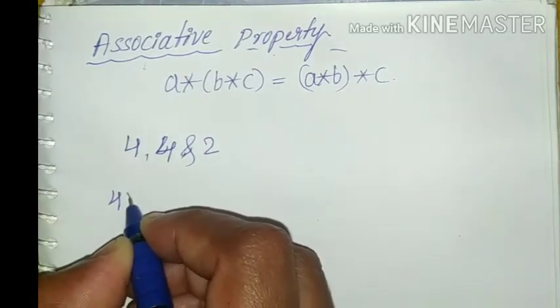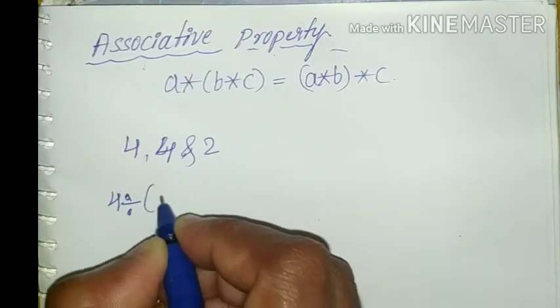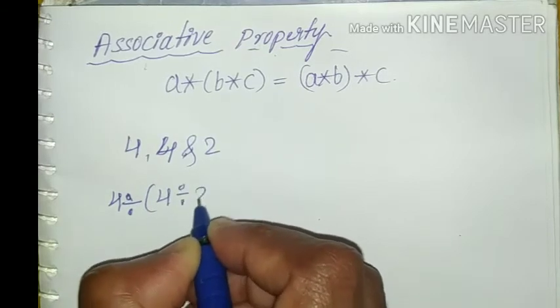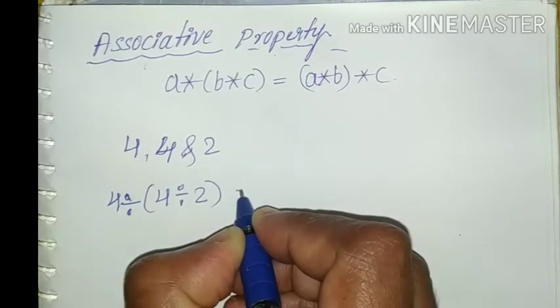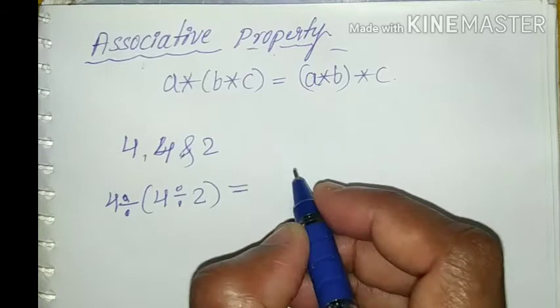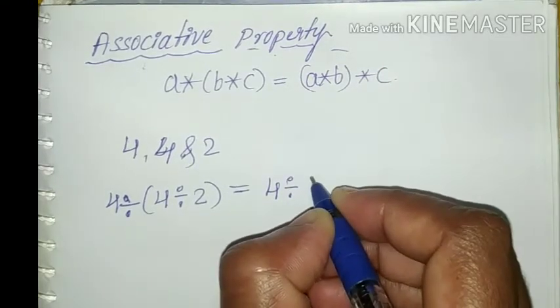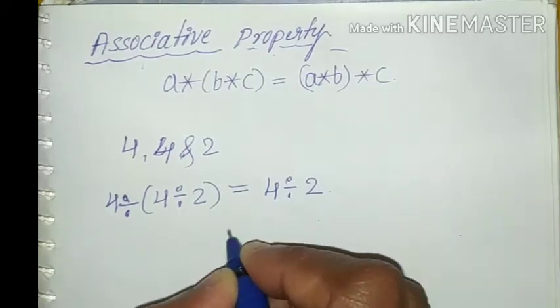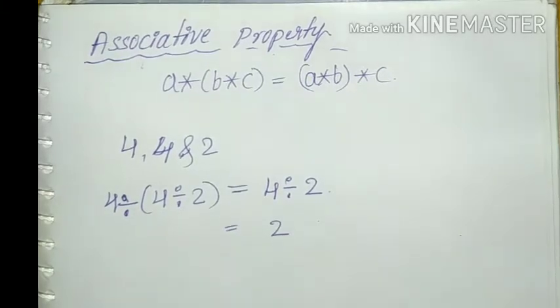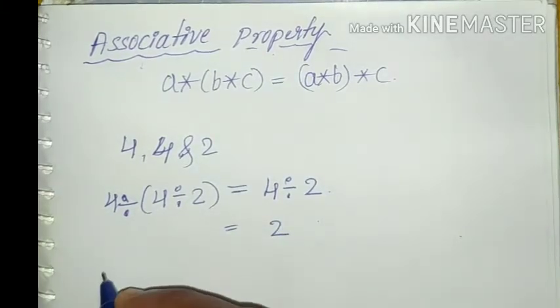4 divided by (4 divided by 2) is what? 4 divided by 2 is 2, so 4 divided by 2 is the answer 2.